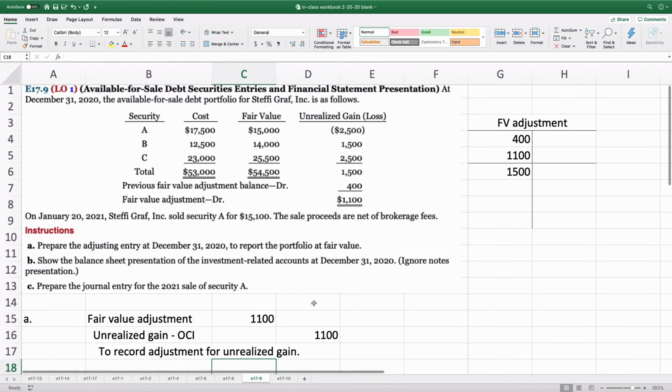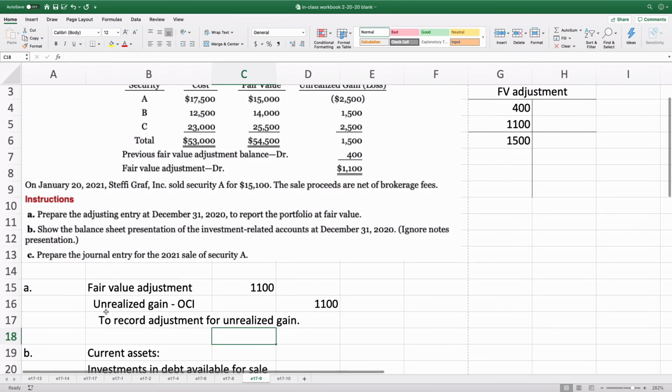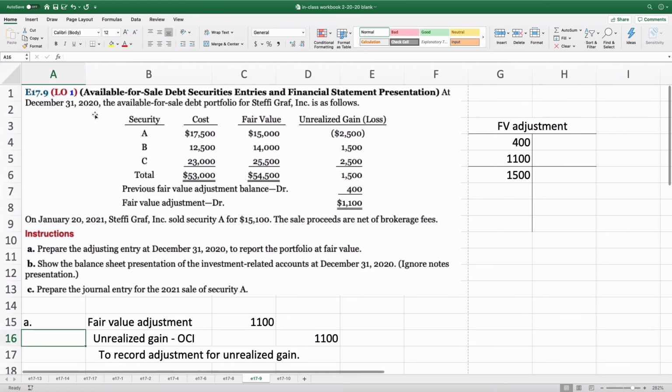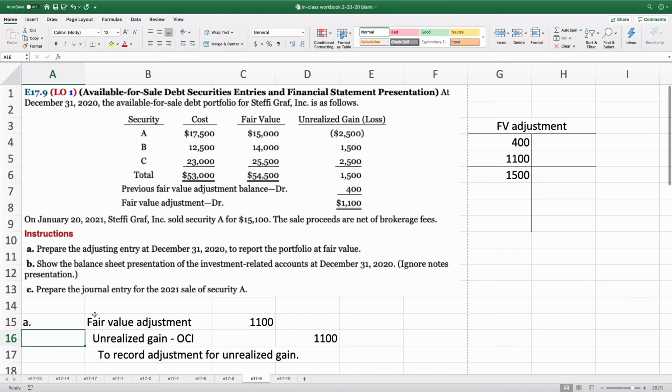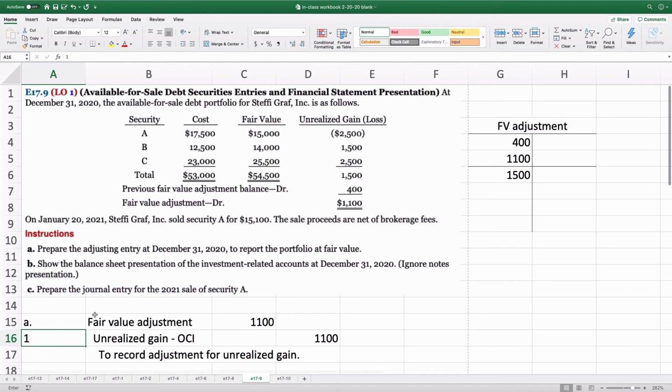Remember 17.9 was over here, and this was in 2020, because this was all for December 31st of 2020. And the date of this was 12/31/20. That was this journal entry right here. And we have an unrealized gain that goes to other comprehensive income. It's not included in net income.